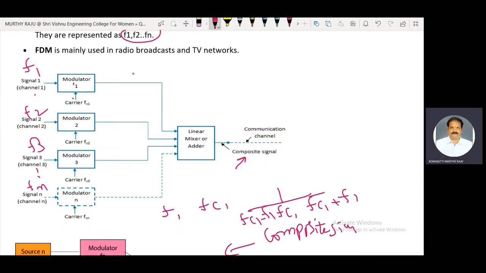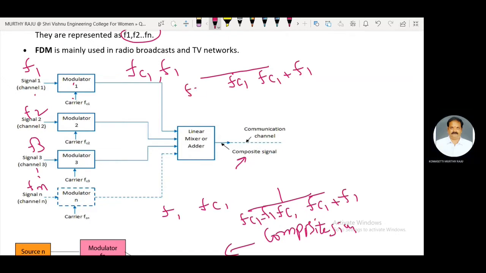The carrier frequency is FC1, the signal frequency is F1. After modulation, the frequency bands are FC1 plus F1 and FC1 minus F1. The bandwidth requirement is FC1 plus F1 minus FC1 plus F1.